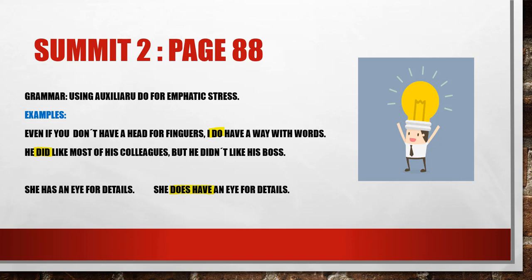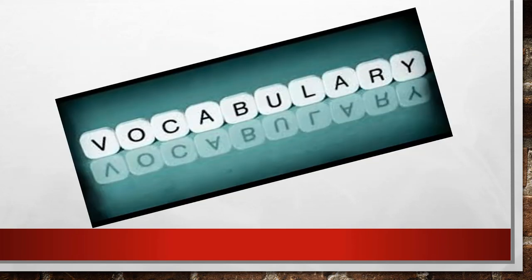And we have another with she. "She has an eye for detail." "She does have an eye for detail." Here, if you see, it's something weird, right? But it's grammatically correct. If you use does, you have to use have, okay? Always. We give emphasis with do in the first sentence, did in the second one, and does in the third.